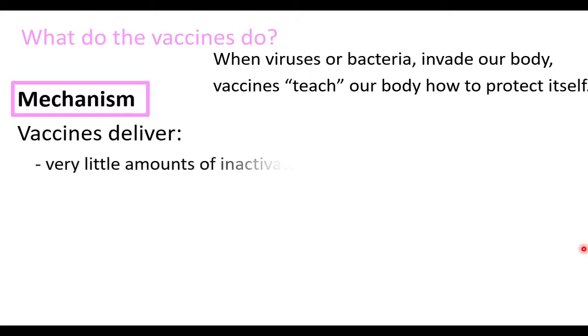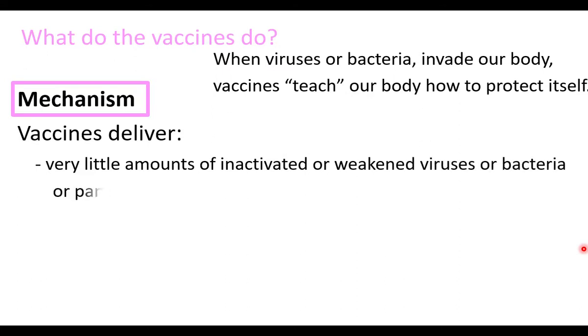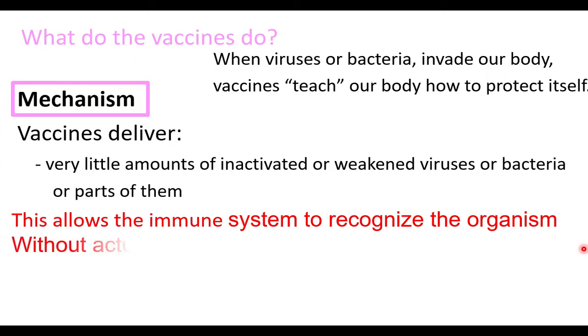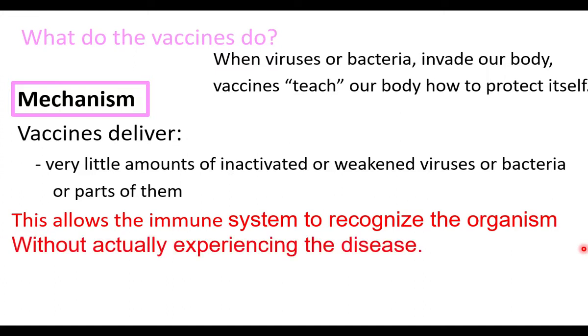A very small amount of inactivated or weakened viruses or bacteria is introduced into the body. This small amount of weakened microbes allows the immune system to recognize the organism and develop an immune response without actually experiencing the disease.